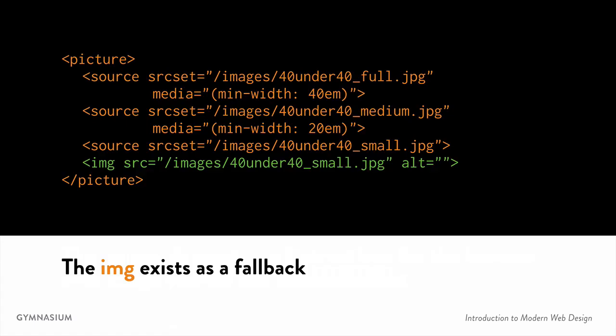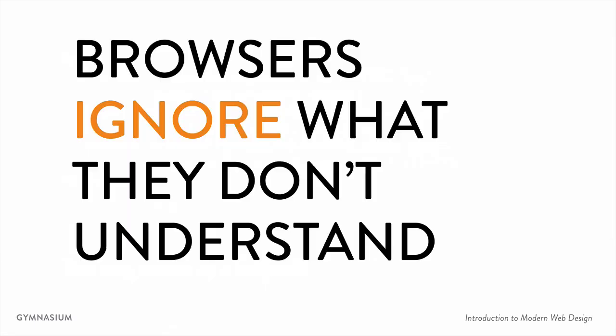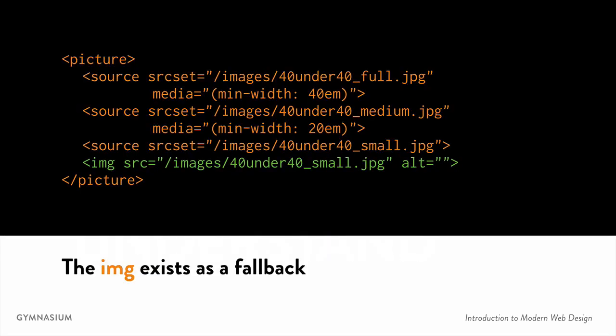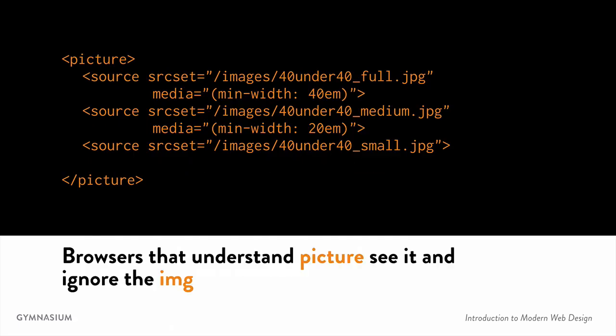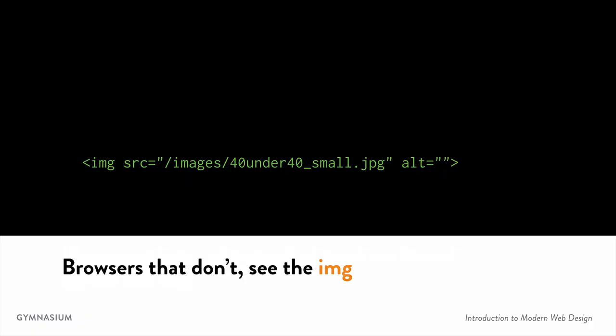This is actually a requirement, and it is the fallback because, as I've said multiple times, browsers ignore what they don't understand. If the browser understands the picture element, the image gets ignored. But if the browser does not understand the picture element, then that image element gets exposed and the picture element is ignored.